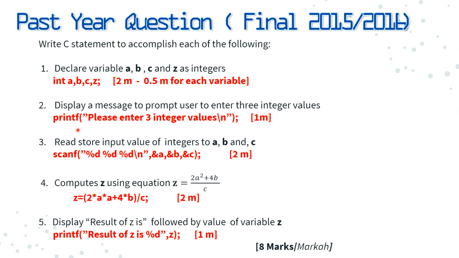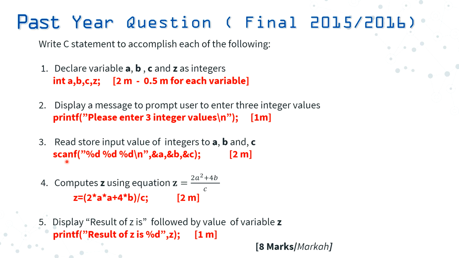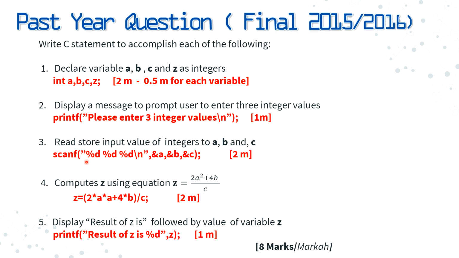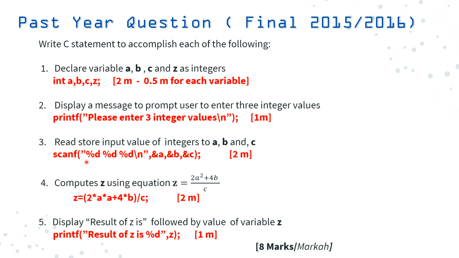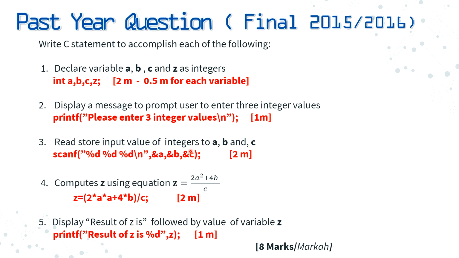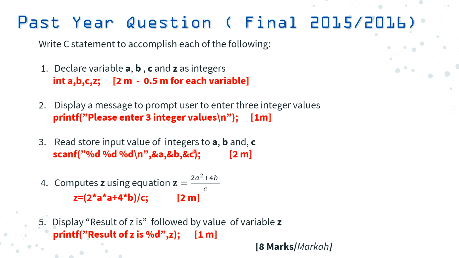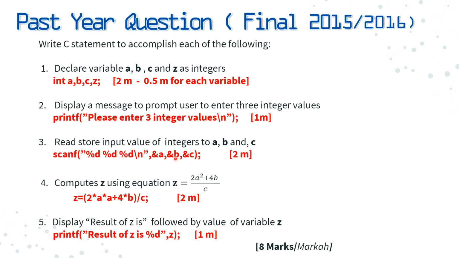And for step 3, scanf. We use the scanf function so that it waits for the user and stores the 3 integers into their respective memory addresses using the ampersand. The ampersand here, only a single one.